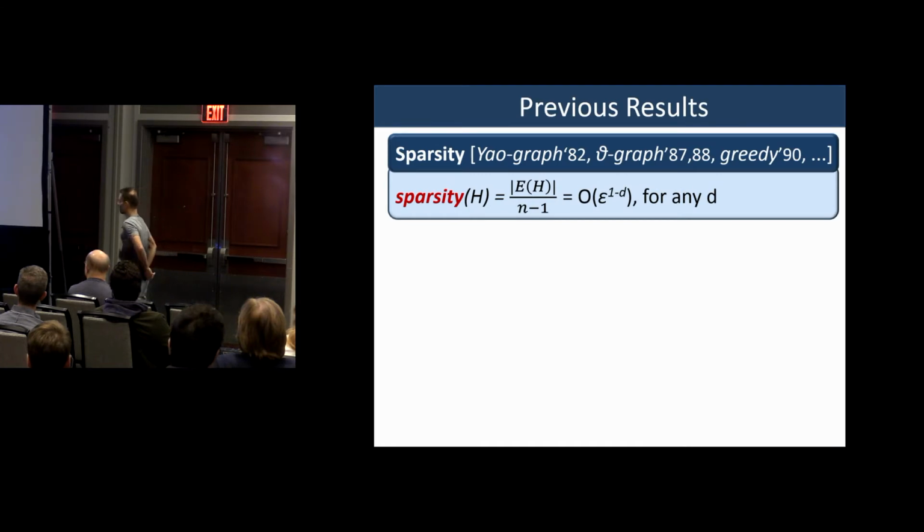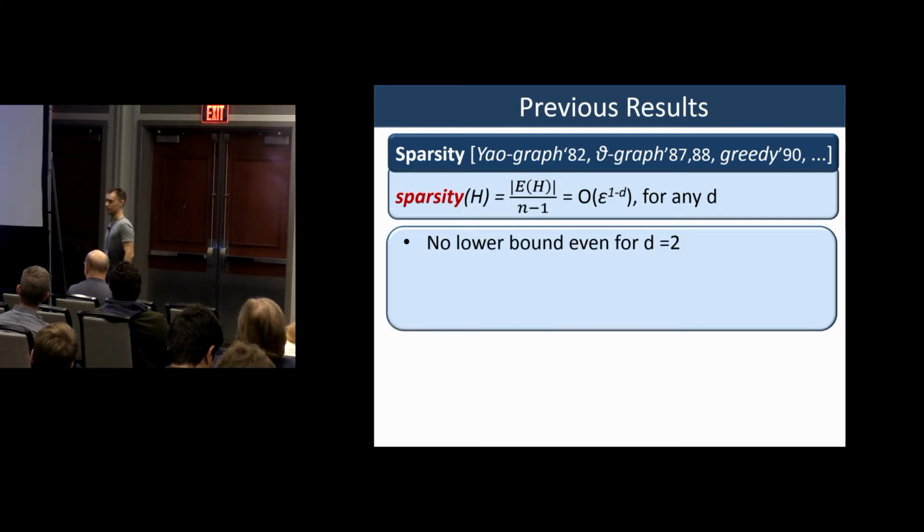OK, so what's known? A classic result from many years ago says that in any d-dimensional Euclidean space, there exists a 1 plus epsilon spanner with this sparsity, or in other words, n times epsilon to the 1 minus d edges. I'm omitting constants here. And it is achieved by various constructions.